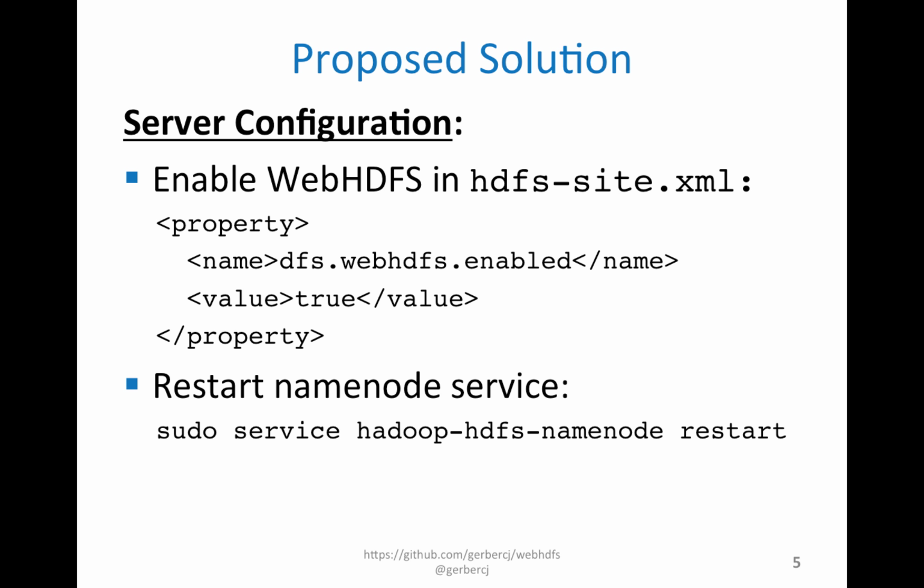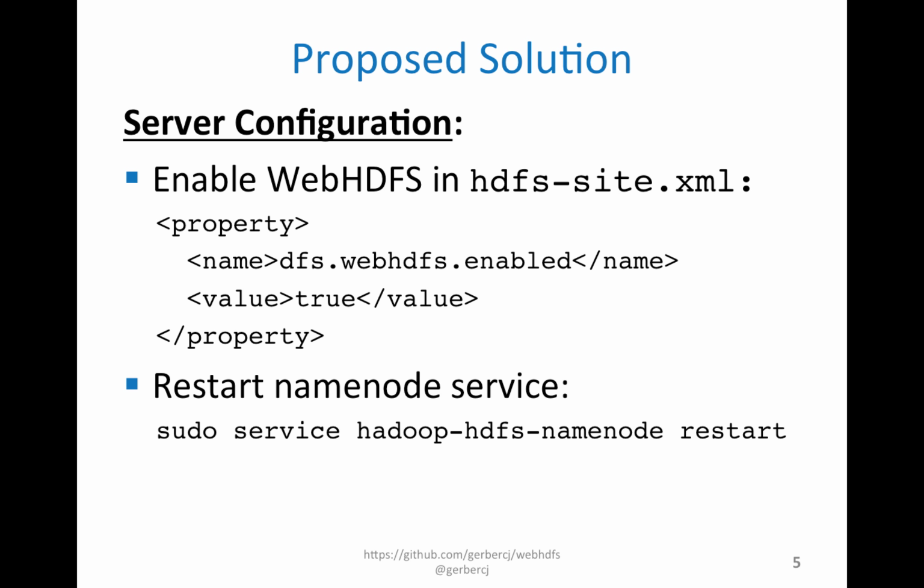To begin with, we first need to configure the server. The first step is to enable WebHDFS in the hdfs-site.xml configuration file. We'll add a new property to this file with a name of dfs.webhdfs.enabled, and we'll set the value to true. By default, if this property is not found, the value is set to false.